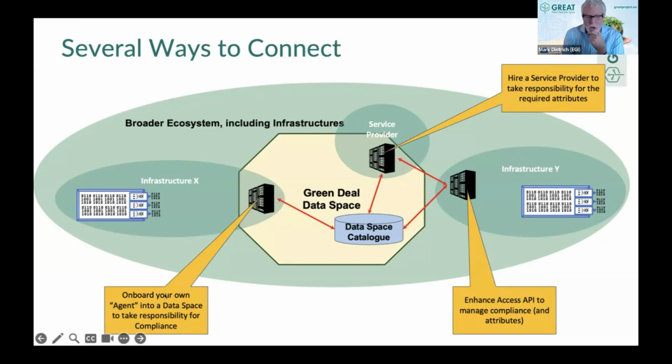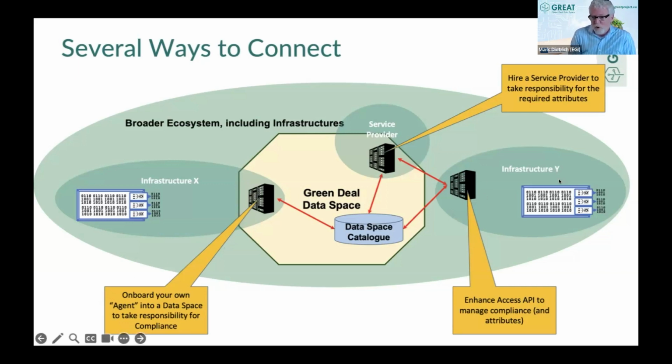They might onboard an agent, some particular piece of technology, into the Green Deal data space, actually register it as a part of the Green Deal data space, and its job would be to represent infrastructure X and all of the lovely things that are being created within it, providing the users of the Green Deal data space with access and visibility to all of those outputs and results, and potentially even those running services, the ability to spin up jobs on the infrastructure in infrastructure X. So this is the one on the far left.